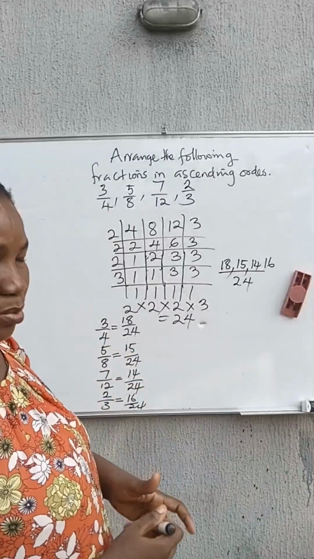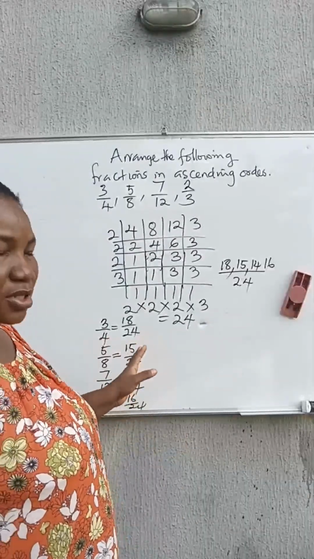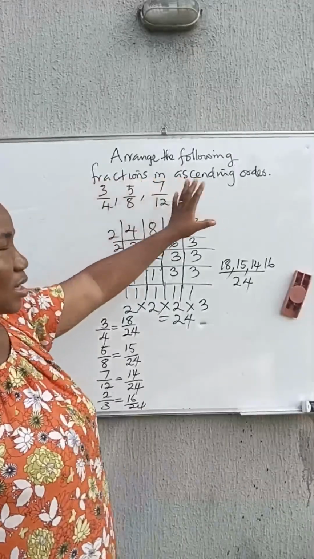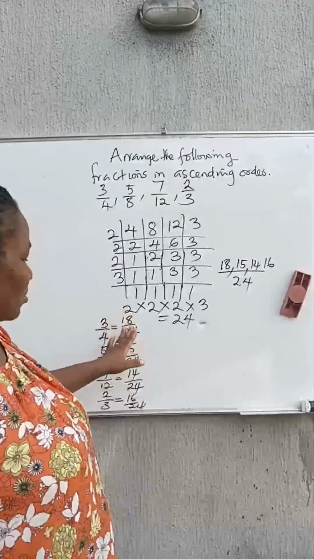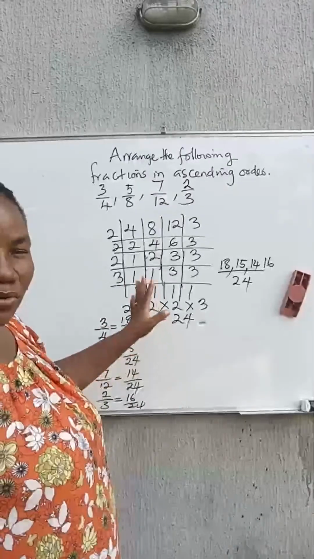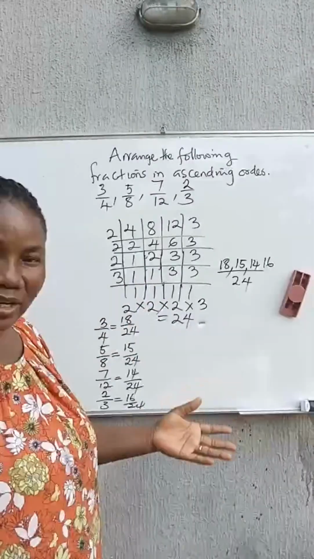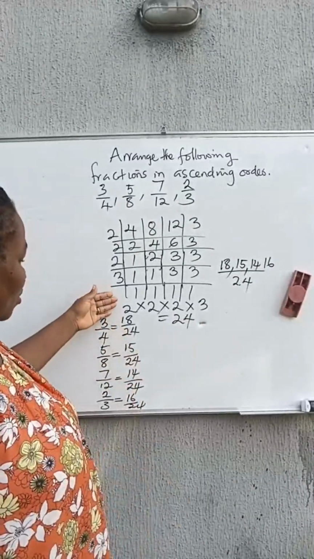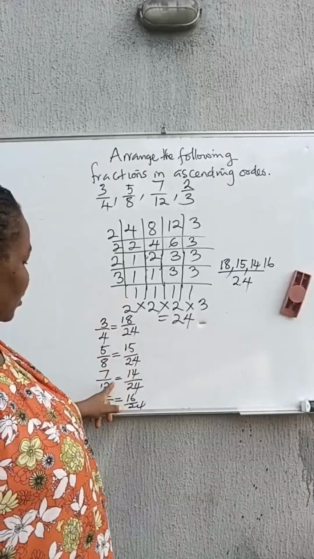So at this point, it will be easy for us to write these fractions in ascending order, going by their equivalent fractions. Which fraction do you think is the least?